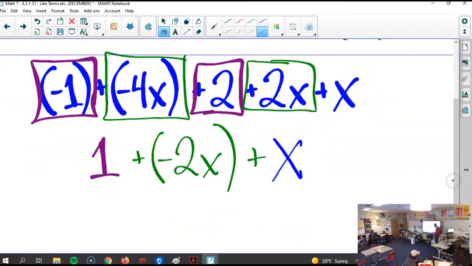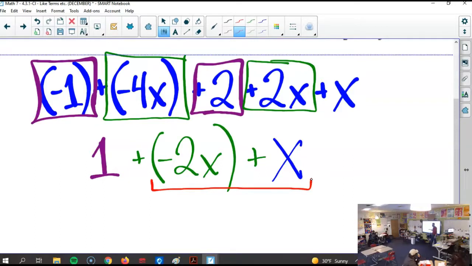Wait, you add the x and then... Farah, what could I do now? Could I add the 1 and the -2x? Yeah, but you could also do... Well, no, but you could do -2x plus x. Yeah. Farah, I love that you caught yourself. You were like, yeah, but well, actually, no. So guys, Farah clarified, we can't add these.